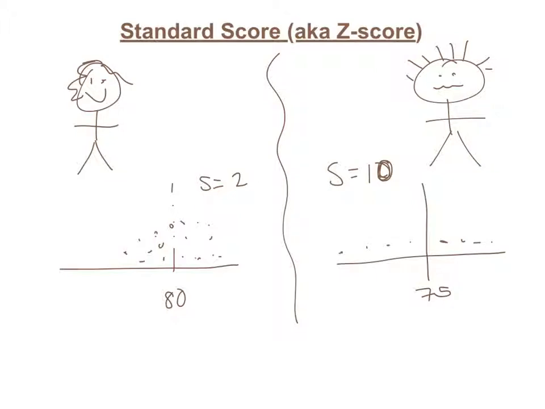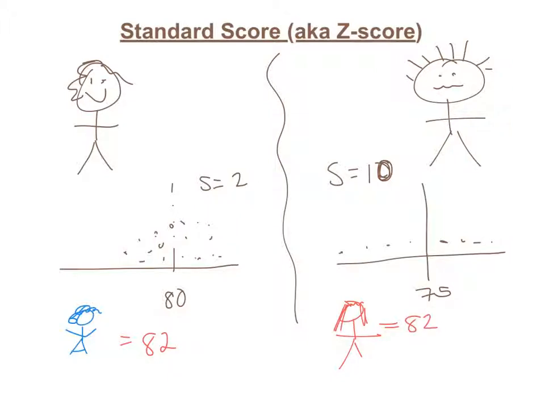So the question is, your friend Josephine, and your other friend Sally, both got 82s on the exam.